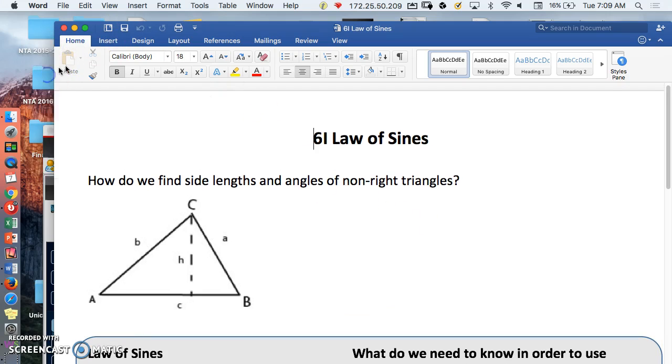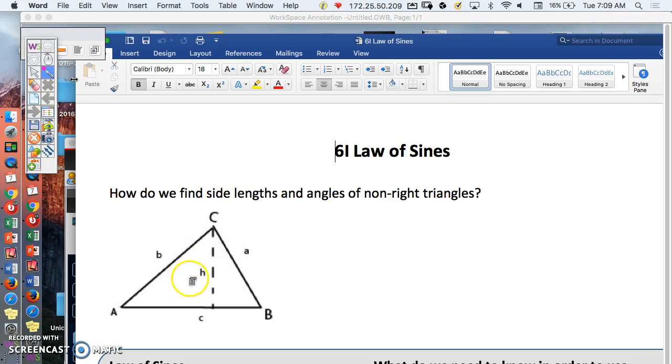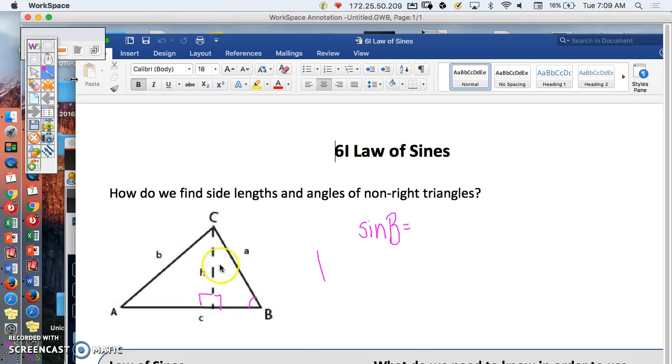So if we take a look at this, let's say let's find h here, our height. We're going to set that up. So let's say I take the sine of b. Because this height makes a right triangle into two right triangles, we have h over a.